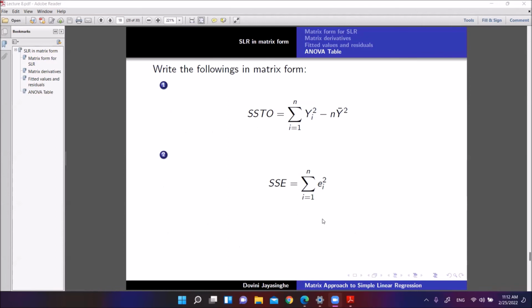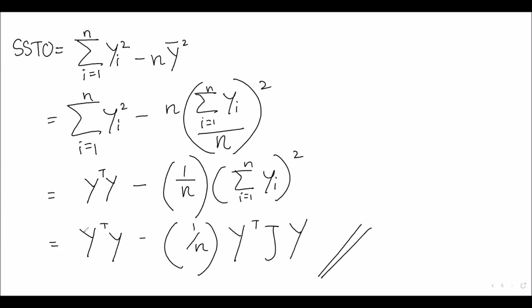Just to give you a clue, the final matrix representation has y in it, has beta hat in it, has x in it. What I mean was, in SSTO the final representation has y and j, with this n.